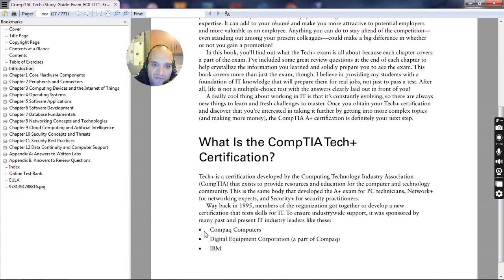I believe it was acquired by another leader of computing of the time. Then DEC, Digital Equipment Corporation, and IBM. In DEC, I believe it was a company that was manufacturing laptop computers and power supplies for computers.